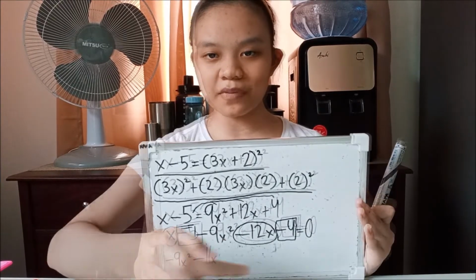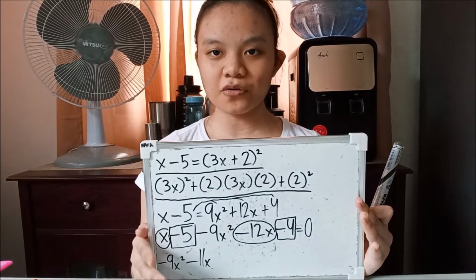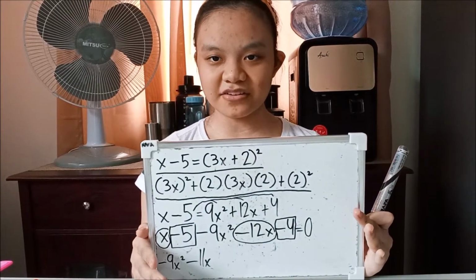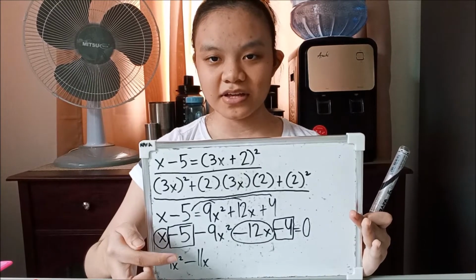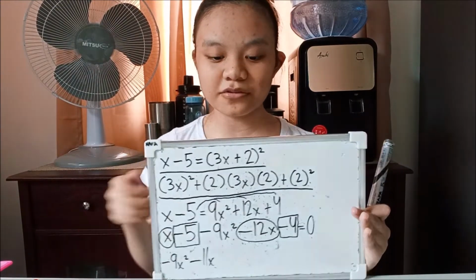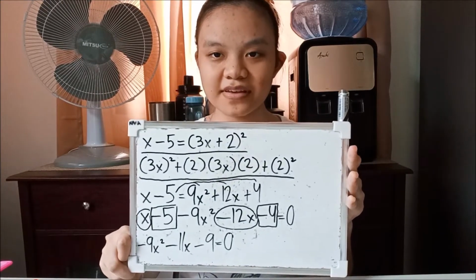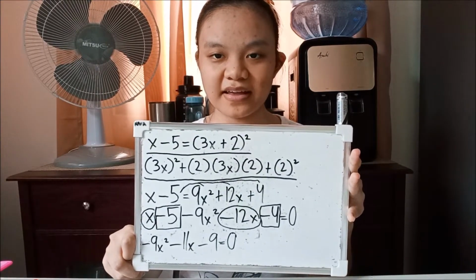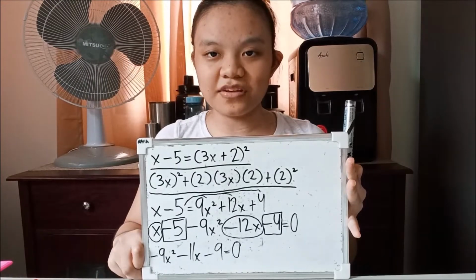So both whole numbers have negative signs. So automatically, the answer should be a negative number. So negative 5 plus negative 4 is equal to negative 9. After this, I put the equal sign and then the number 0. And that is the answer to this part.